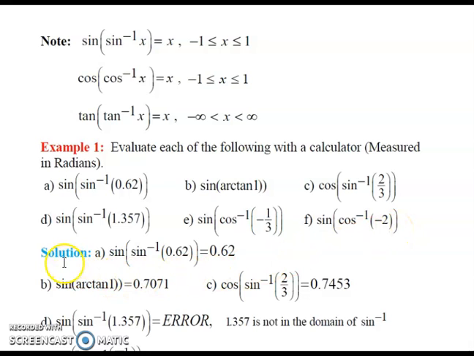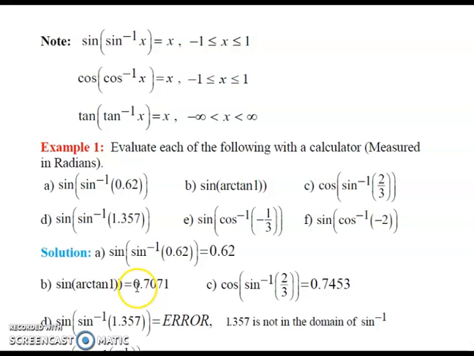Now the solution for the first one, sine of sine inverse of 0.62 becomes 0.62 because sine of sine inverse of x is equal to x. Sine of arctan 1: first we have to calculate the arctan 1 value by using the calculator in radians, then apply sine.